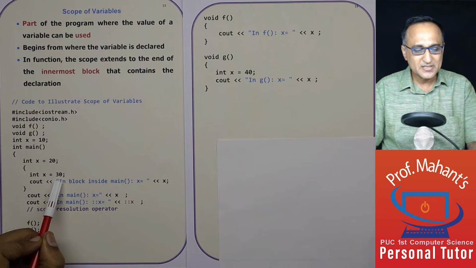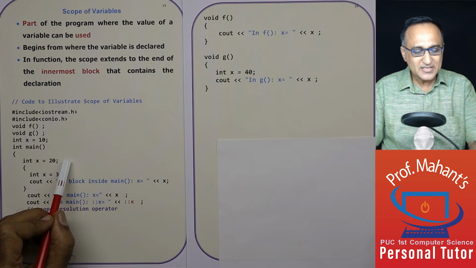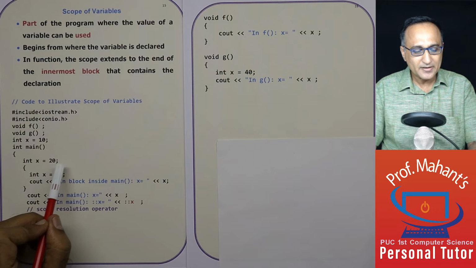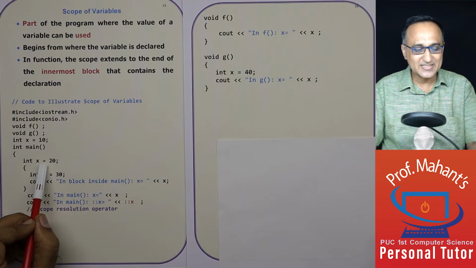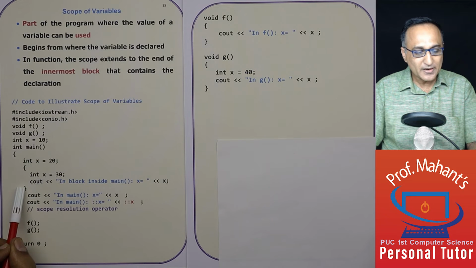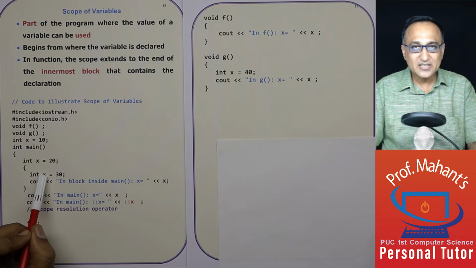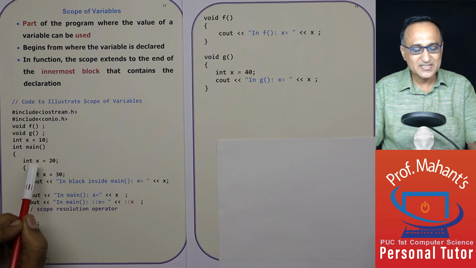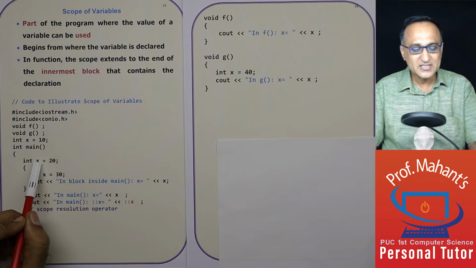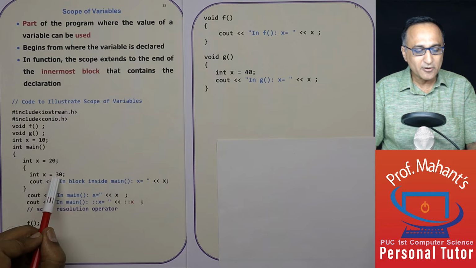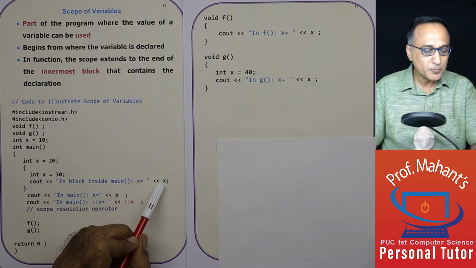Now what happens is, if you try to print the value of x here outside the flower bracket, it will print 20 because it is referring to this x. But within this flower bracket, this x overrides this x. That means this x has a scope ahead of this x. So when I print the value of x here, it is going to print 30.